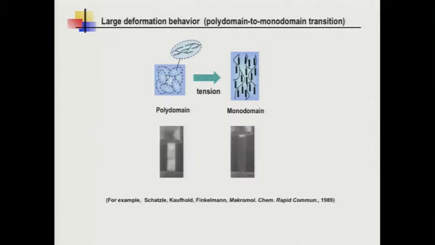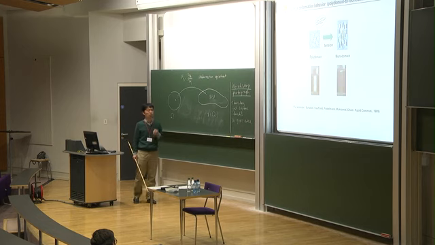Okay, so I move to the large deformation behavior. In this case, if you stretch the sample by a certain amount, you can induce a transition to the monodomain state. This experiment was already done in the 1980s, but now we revisit these issues from the viewpoint of the effect of cross-linking history.